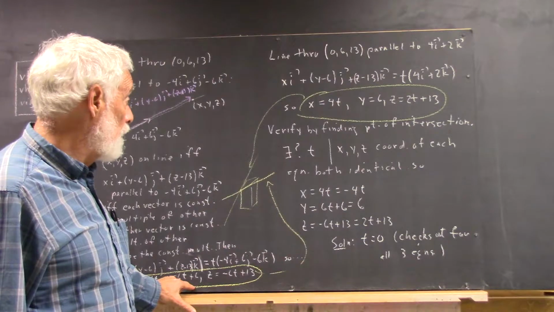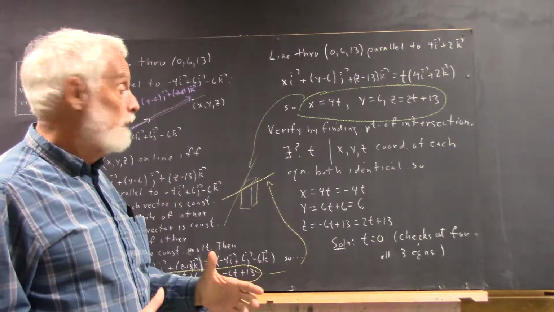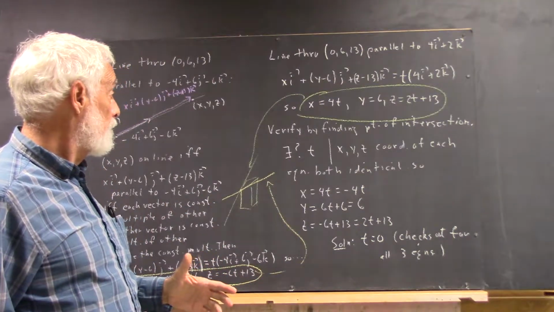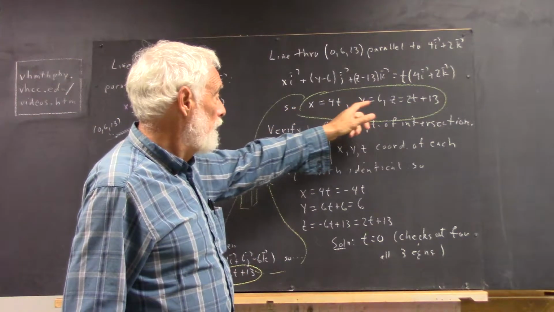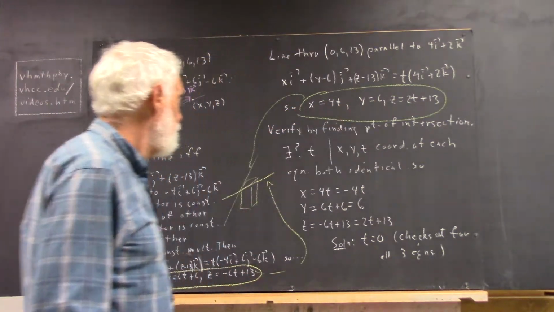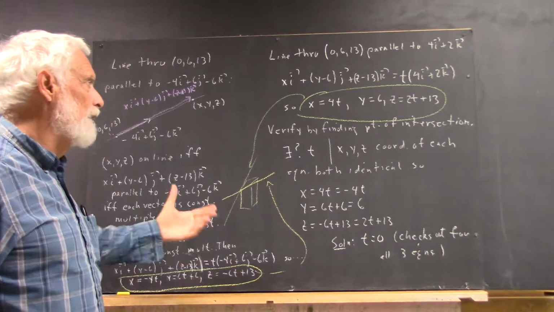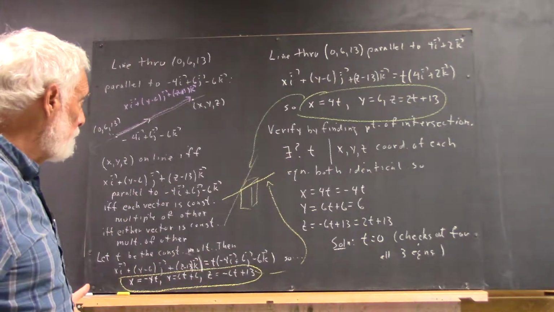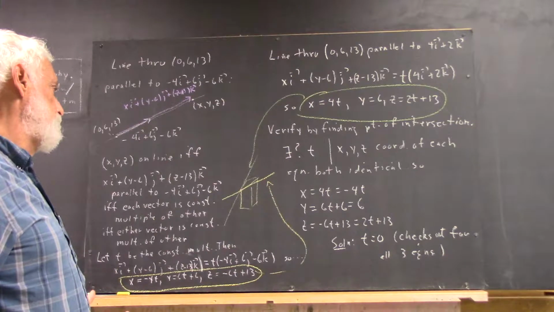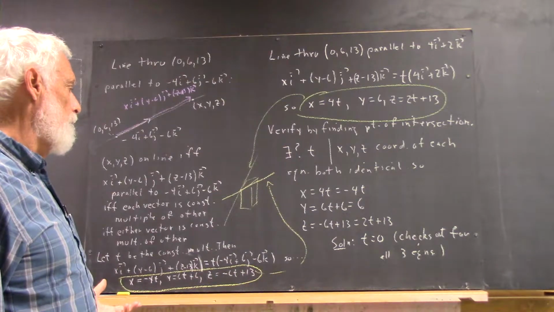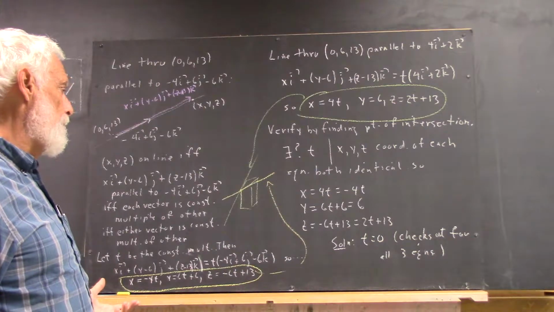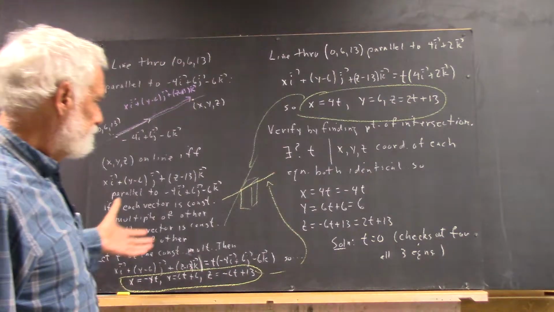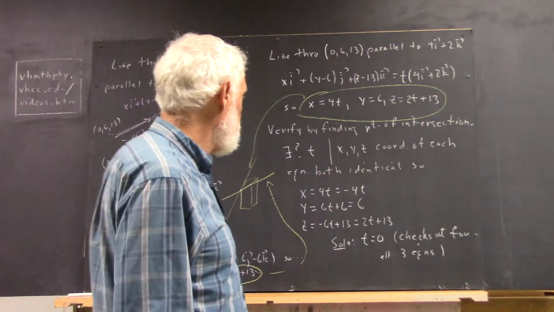Well, they intersect if there is some value of t such that the (x, y, z) here is equal to the (x, y, z) here. It's not necessarily the same value of t. In this case, it turns out that it is.